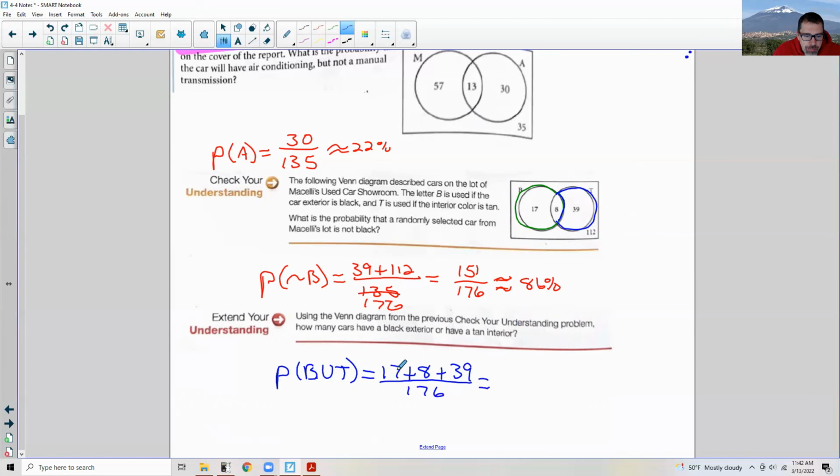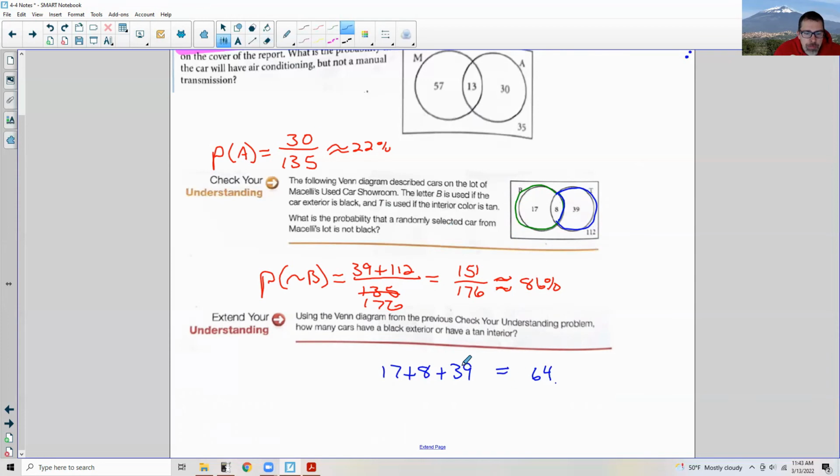So 9 and 8 is 17, and 7 is 24. Carry the 2, 5, 1 is 6 over 176. So it doesn't say what's the probability, never mind, but that would be the probability. It just said how many cars have that exterior.